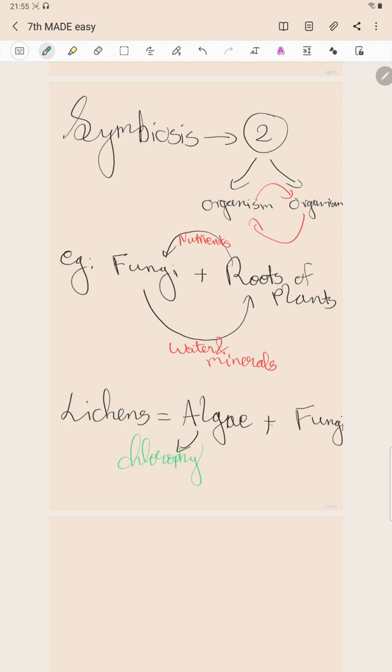So you can guess by now what happens here. Since they contain chlorophyll, they prepare food, which is nutrients. Food and nutrients are provided by the algae to the fungi, and in turn the fungi help the algae by providing water and minerals.